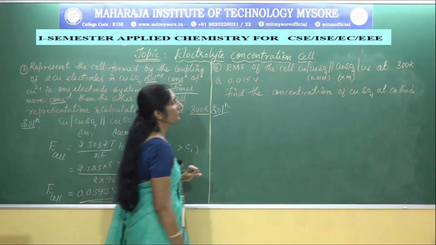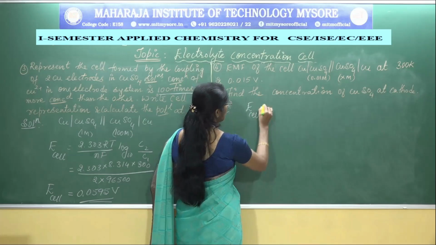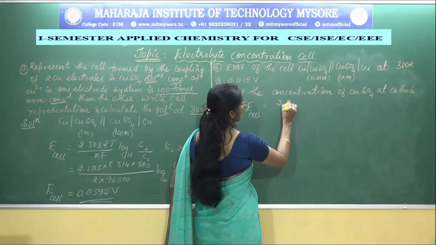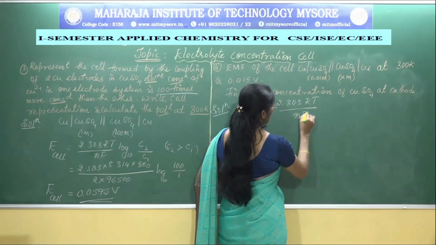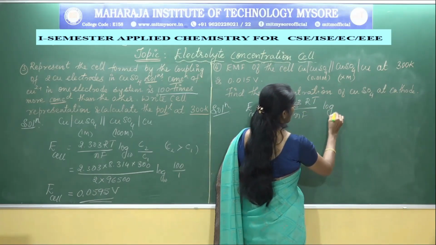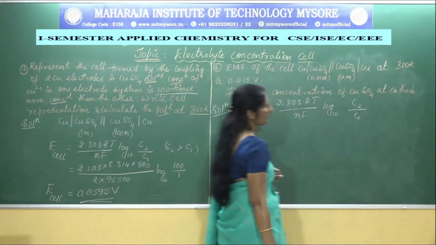First write down the EMF for this cell, that is E cell equals 2.303 RT divided by nF log base 10 of C2 divided by C1.